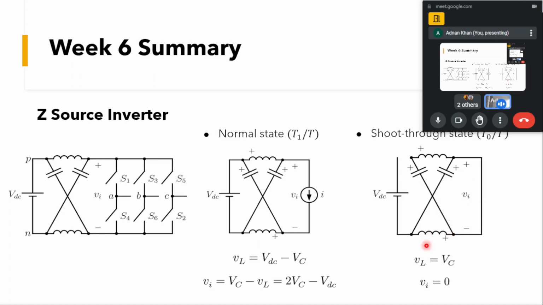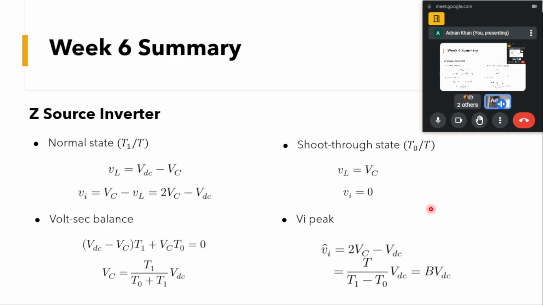VL will be equal to VC, and as VI is shorted, VI will be equal to 0. That is the shoot through state. You can go into the detail of this, which has been taught during the lectures. So we are able to see that in the normal state VL and VI came out by this equation, and this was in the shoot through state.